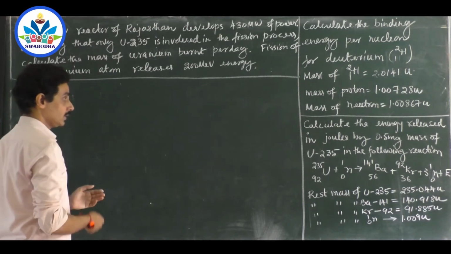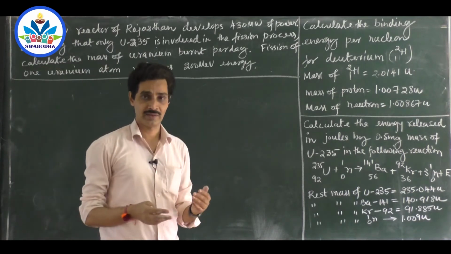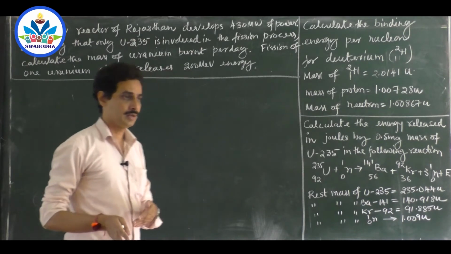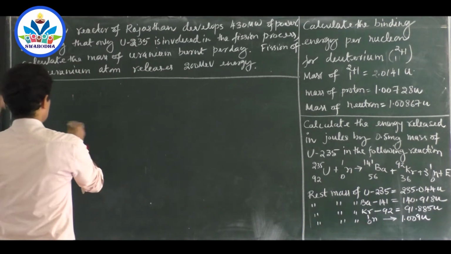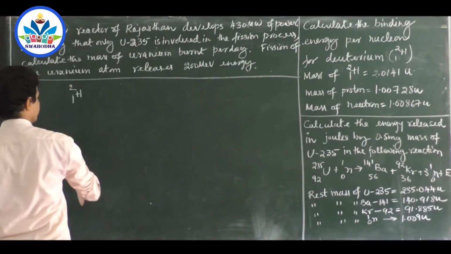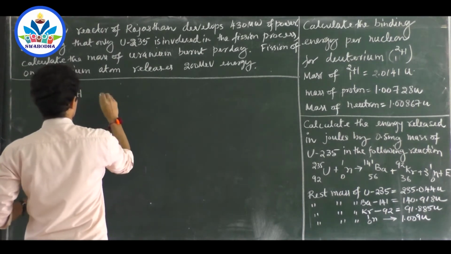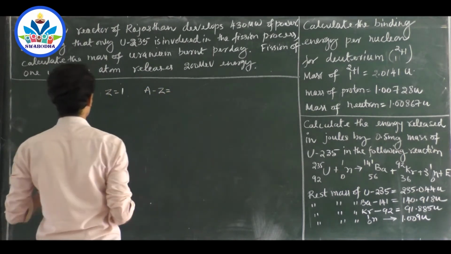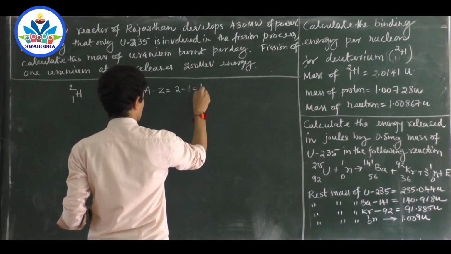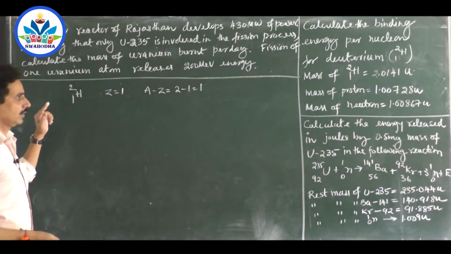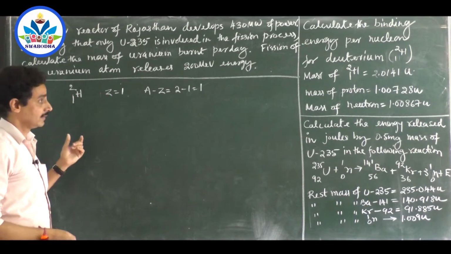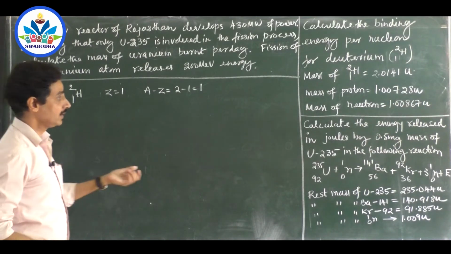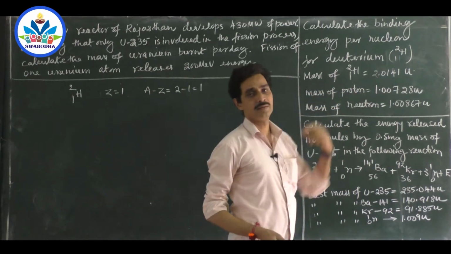If you want to calculate the binding energy, it is the mass defect, right? Sum of the mass of the constituent nucleons minus mass of the nucleus. If you take 1H2, this will be easier. Z is 1. What is A minus Z? Number of neutrons, it is 2 minus 1, that is equal to 1. So there is one proton and one neutron. Now mass of the deuterium nucleus is already given.